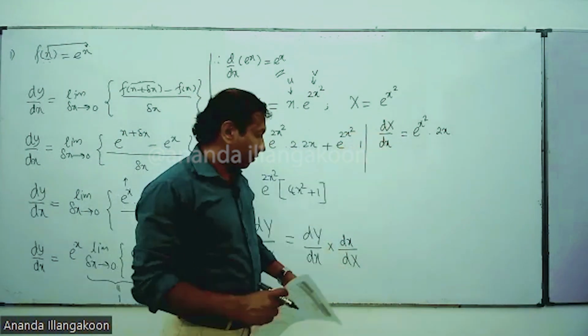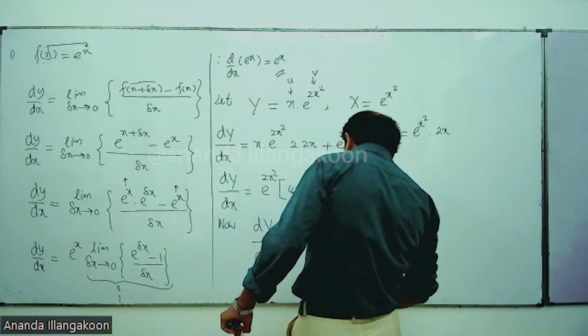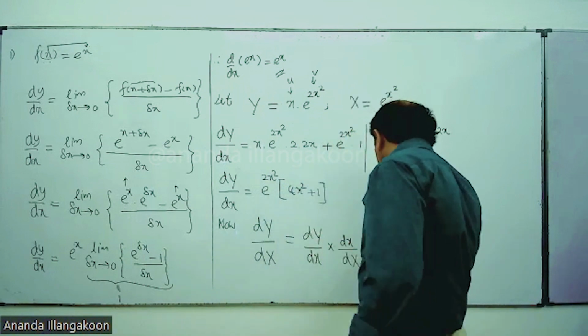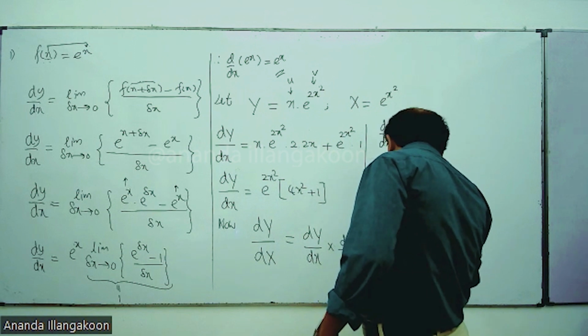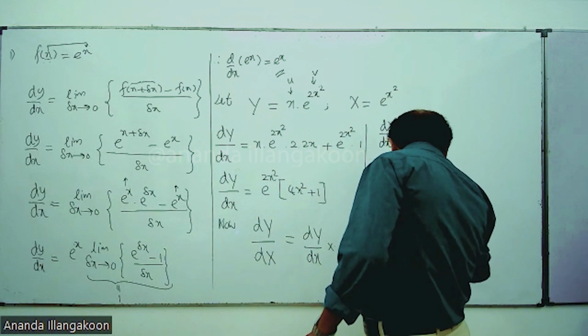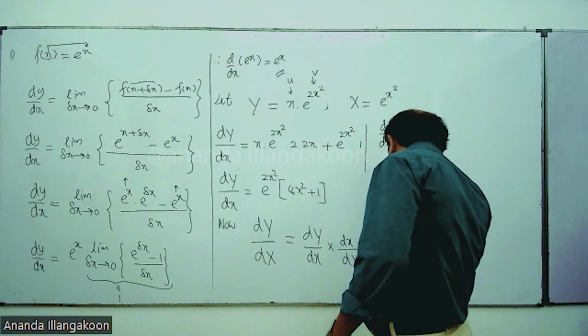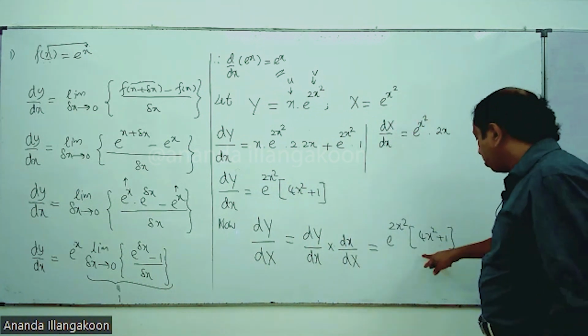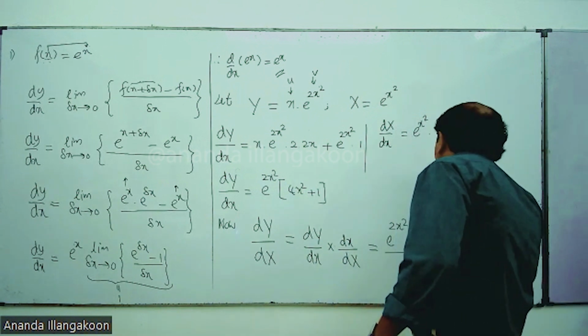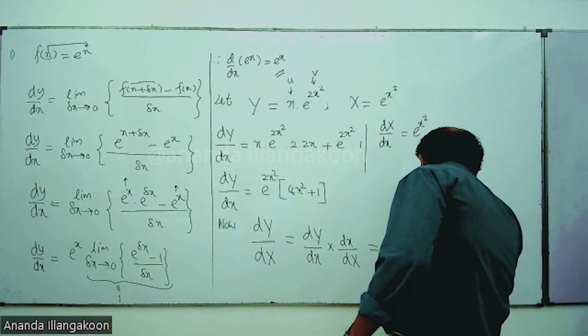Then we get the answer. dY upon dx means this one: e to the 2x squared within bracket 4x squared plus 1. The dx upon dX means the reciprocal of this, then this goes to the denominator like this: e to the x squared into 2x.